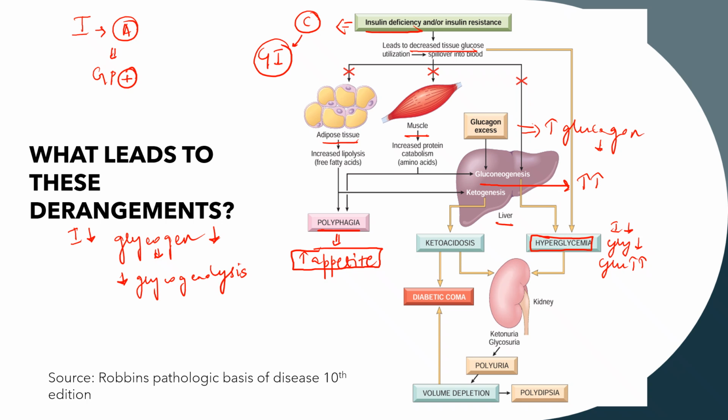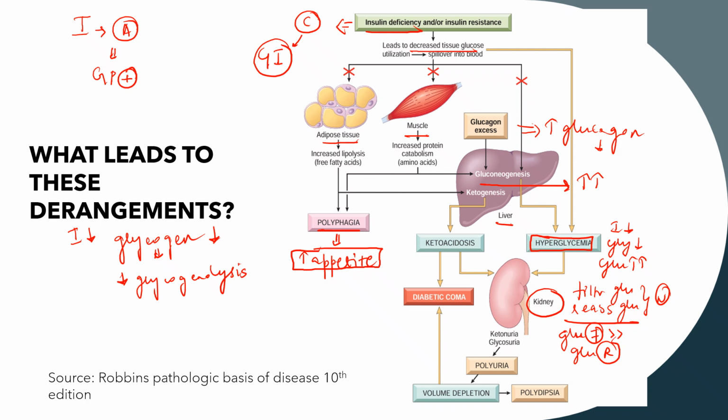So what happens then? This all will reach the kidney. In the kidney, there is normally filtration of glucose and reabsorption of glucose. This is a normal process. What is not normal? When the glucose filtration is more than the glucose reabsorption.